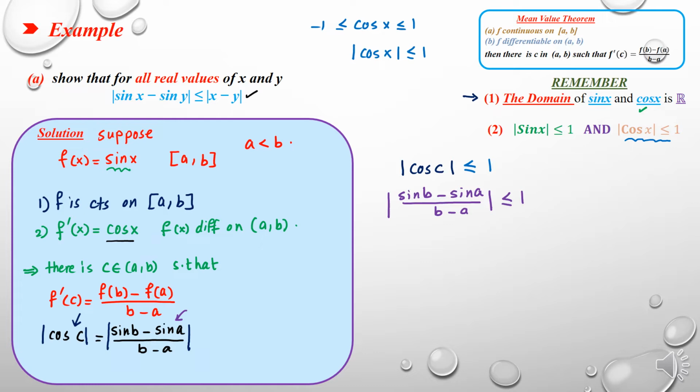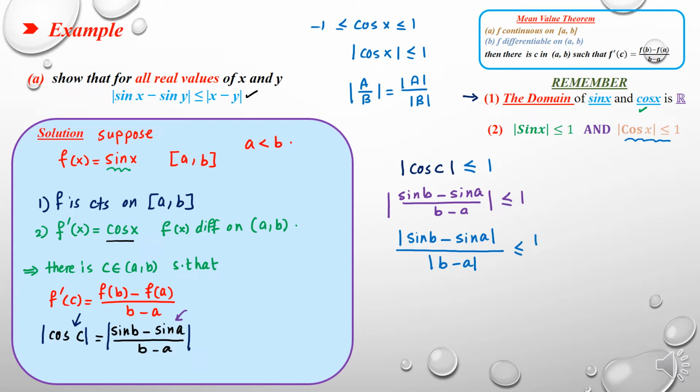One of the properties of the absolute value: if you have the absolute value of a over b, this equals the absolute value of a divided by the absolute value of b. So we distribute the absolute value notation, absolute value of sine b minus sine a divided by absolute value of b minus a, and this will be less than or equal to 1.